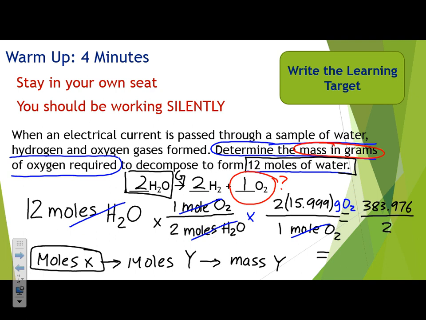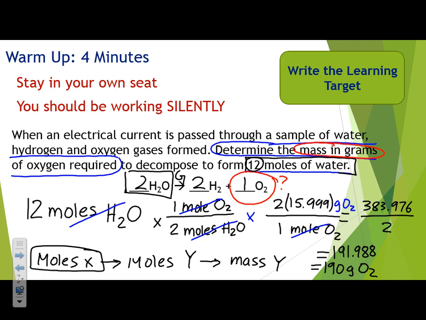So this gives us then a final answer of 191.988. Now we need to look at our significant figures. We started with the number 12, which is 2 significant figures. So our answer should also be in 2 significant figures, giving us 190 grams of oxygen.